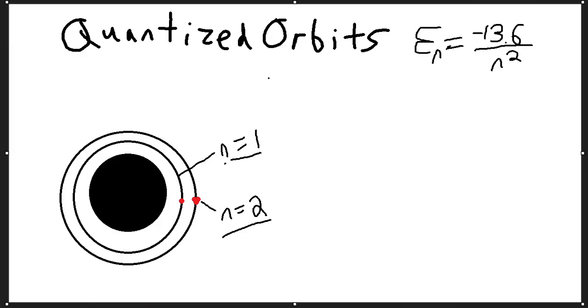To give an example, as you can see here in this equation, E_n is the energy of the system. It depends on the orbital. And why is this important? Well, suppose that this is some atom, let's say a hydrogen-1 atom. And let's say that we have a photon of red light.